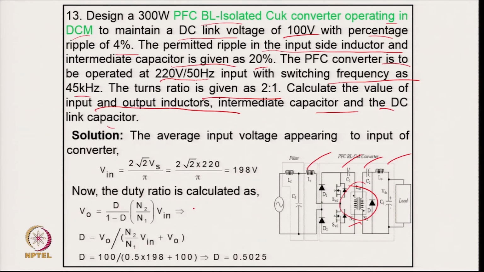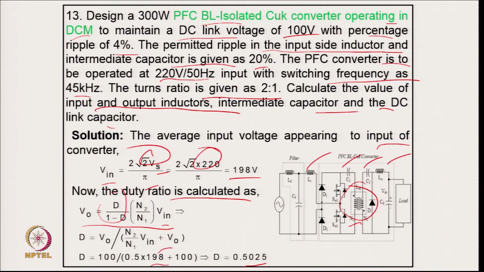Now, coming to the numerical part of the design. The average input voltage applied to the converter is 2√2 Vs upon pi, where Vs is the RMS supply voltage. Putting in the value of Vs, it comes to 198 volt. Now the duty ratio is calculated from this relation. This is a relation for a buck boost converter, but along with that we have a turns ratio. Putting in all the values, we get a duty cycle of 0.5025.